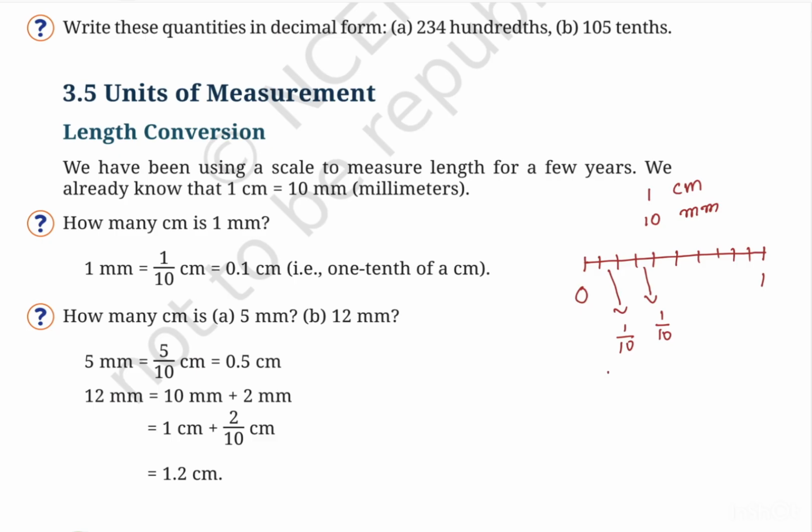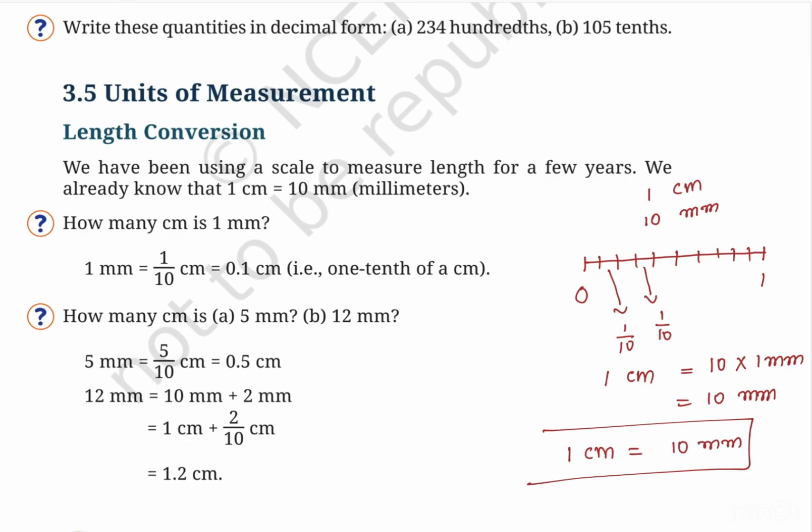So in 1 centimeter we have 10 times 1 millimeter, that is 10 millimeters. So we have to understand 1 centimeter equals 10 millimeters.